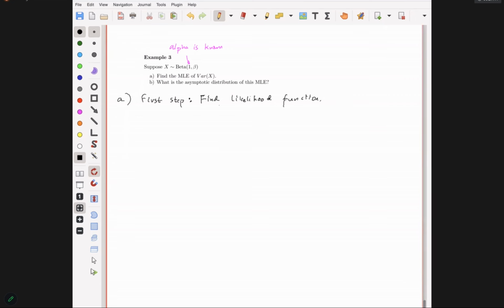And it's always a good idea with these to just start by writing out the density function. And here, what I mean by this is shorthand that x1 up through xn are IID beta 1 beta. So it's a random sample from this distribution.